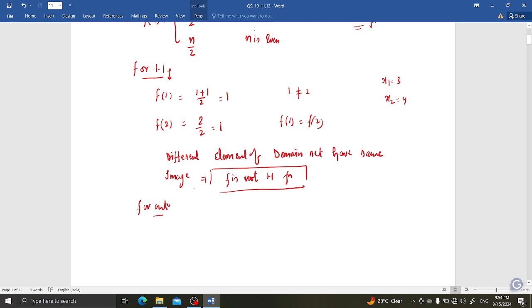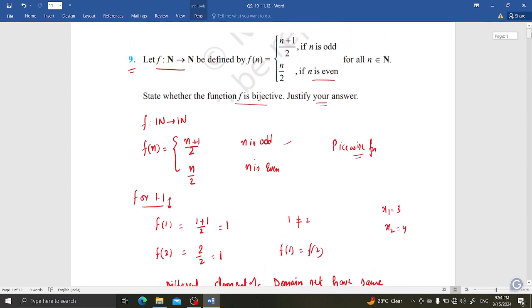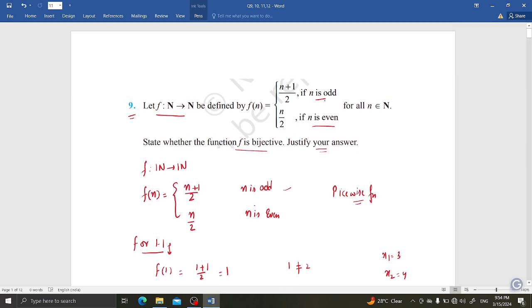For onto, we observe that if I put n odd, n equals 1, 3, 5, 7, 9 and so on, they will provide all the natural numbers: (1 plus 1) upon 2 is 1, (3 plus 1) upon 2 is 2, (5 plus 1) upon 2 is 3, and (7 plus 1) upon 2 is 4, and so on.